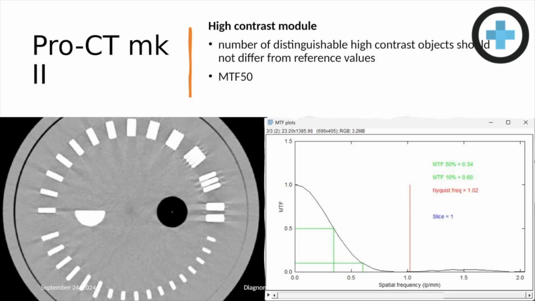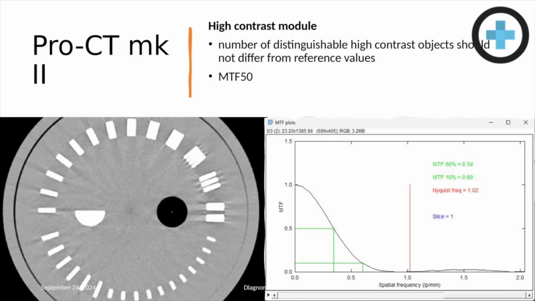The high contrast module includes a number of distinguishable high contrast objects and should not differ from the reference value. It also does the modulation transfer function. I guess backing up briefly, the MTF, and you may know this already, is basically a measure of how effectively an imaging system transfers the spatial frequency content of an object into the final image.